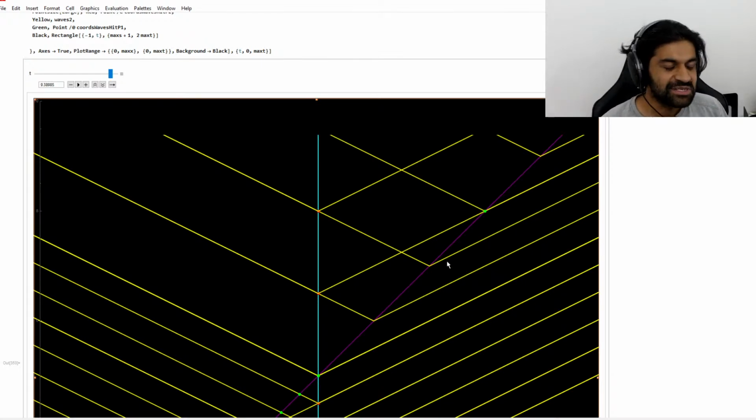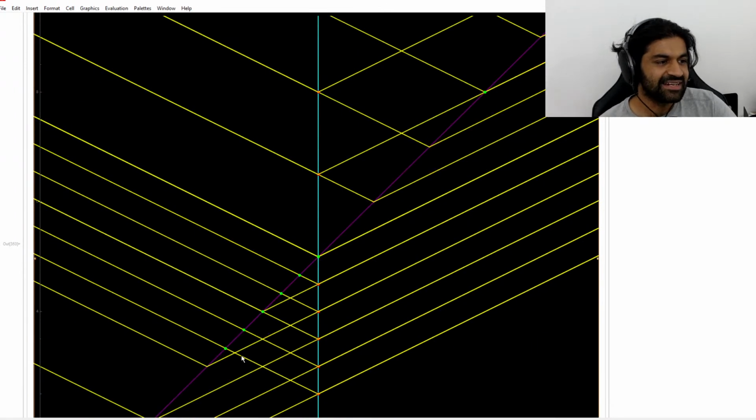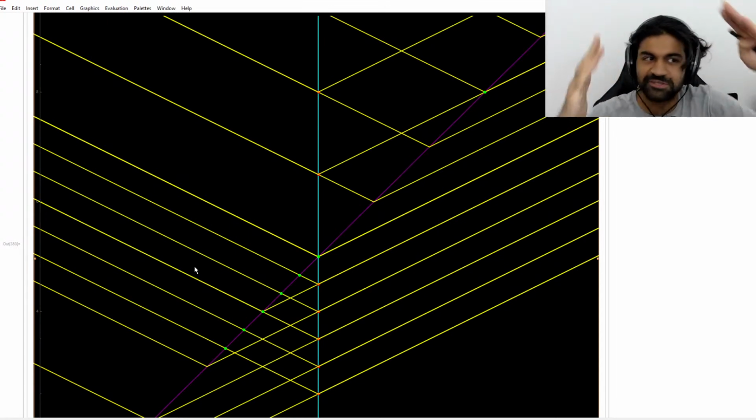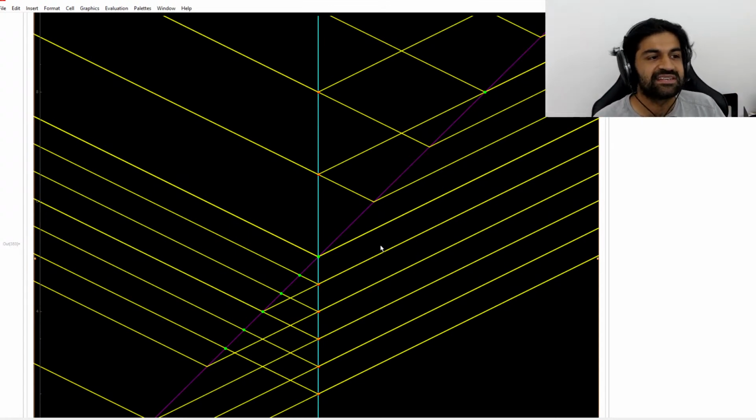So it seems like the frequency is cut down by 1/3, okay? And it's on one side when things are traveling closer together, and it seems like the frequency is tripling on the other side, okay? Hopefully that makes reasonable sense.